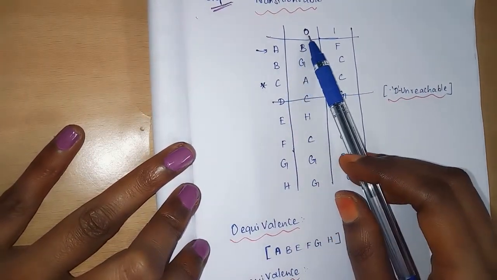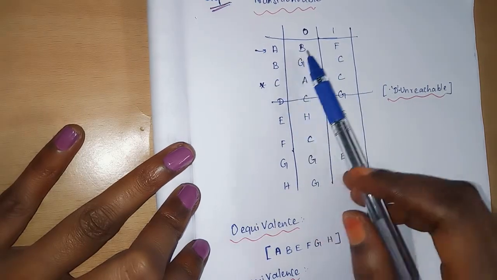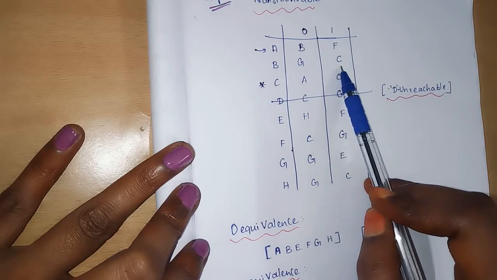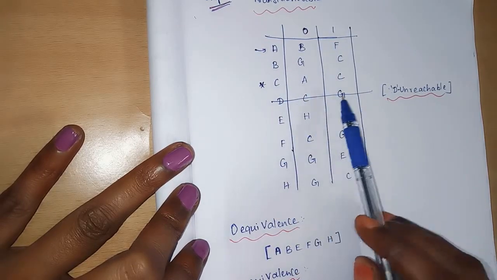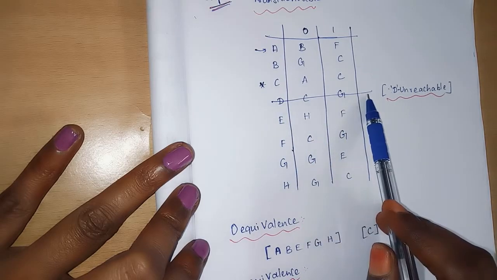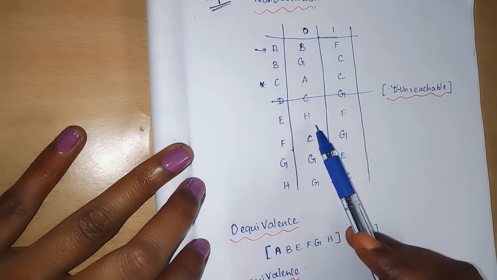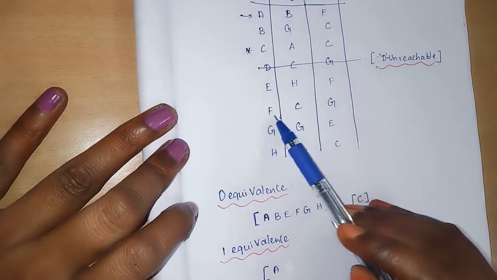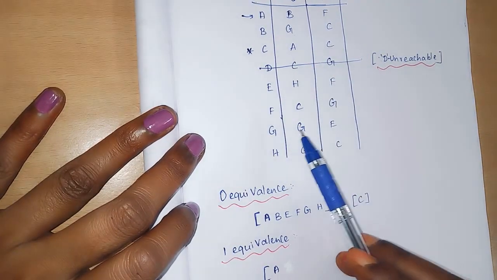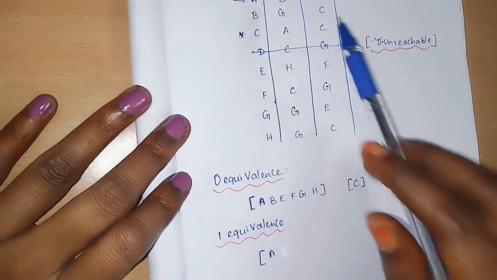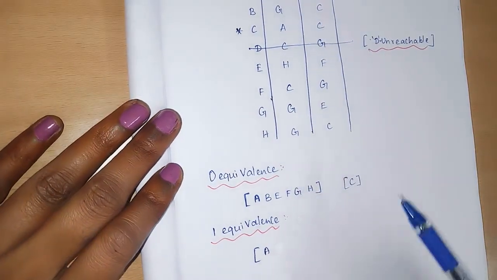A on 0 goes to B, and on 1 goes to F. B on 0 goes to G, and on 1 to C. C on 0 goes to A, and on 1 to C. D will have a row, but we have to eliminate it because D is an unreachable state. E on 0 goes to H, and on 1 to F. F on 0 goes to C, and on 1 to G. G on 0 goes to G, and on 1 to E. H on 0 goes to G, and on 1 to C.